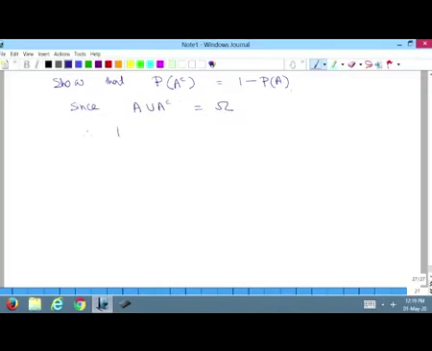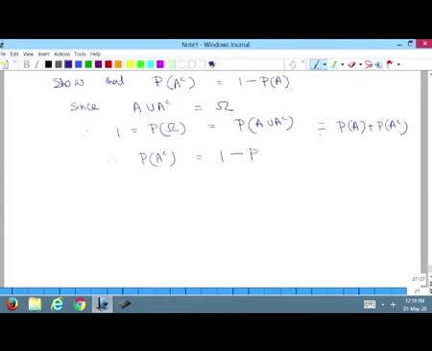Therefore, 1 is equal to probability of omega, which is equal to probability of A union A complement, which is equal to probability of A plus probability of A complement. Therefore, probability of A complement is equal to 1 minus probability of A.